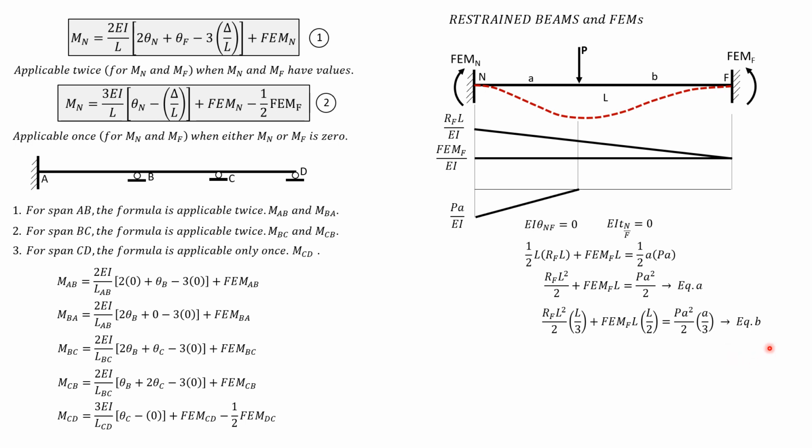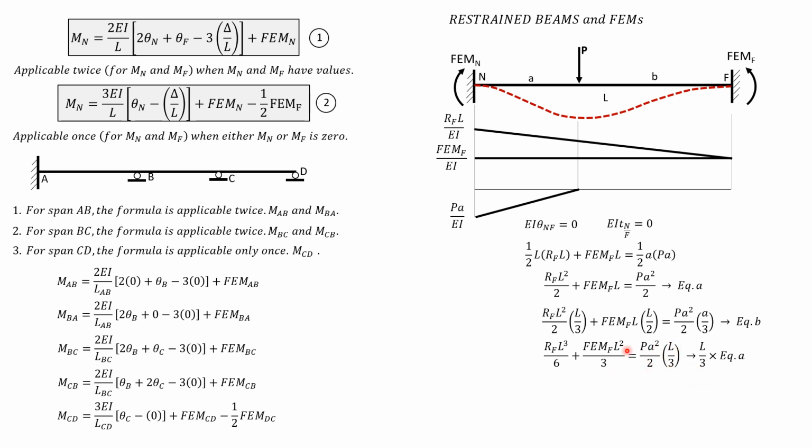So that's equation B. Now, we want to derive the fixed moment F. This term is RF L cubed over 6, so to eliminate RF L cubed over 6, we multiply equation A by L over 3. Multiplying equation A by L over 3, it becomes RF L cubed over 6 plus fixed moment F L squared over 3 equals PA squared over 2 times L over 3.